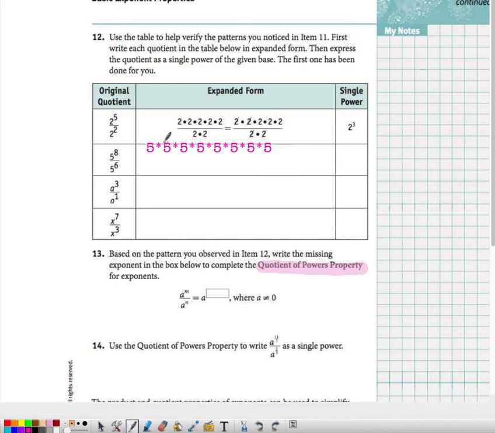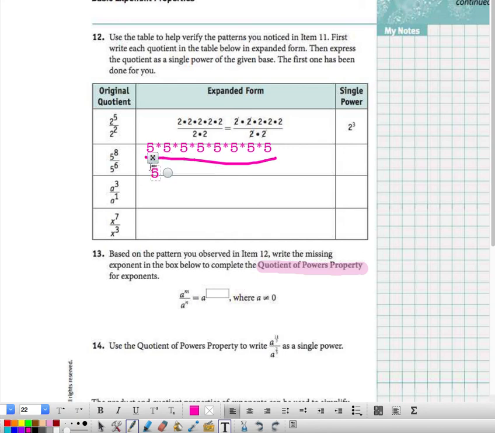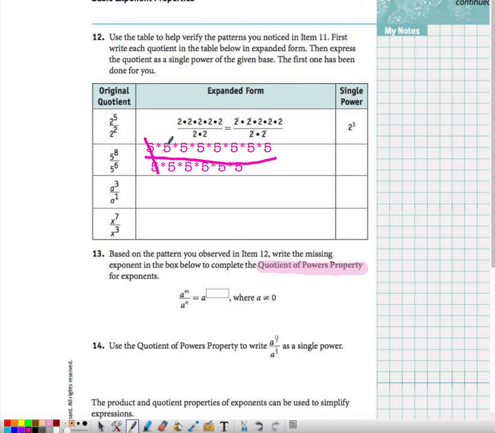And then that is all over 5 to the 6th power, so we're going to repeat our 5, 1, 2, 3, 4, 5, 6. And so again, every time we have one set, that divides out, and so we're left with 5 times 5, which is 5 to the 2nd power, because 8 minus 6 is 2.